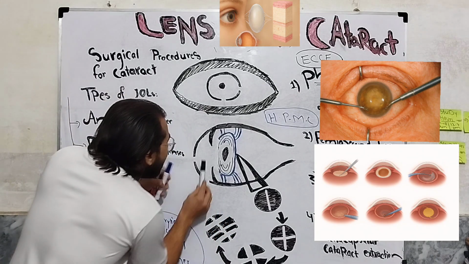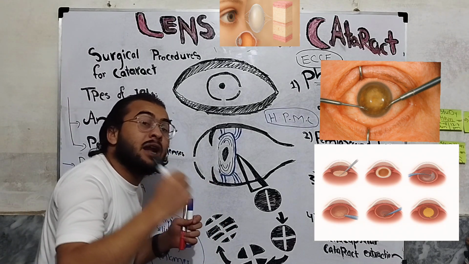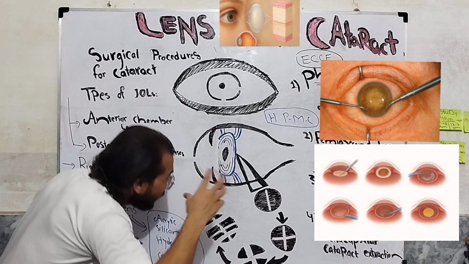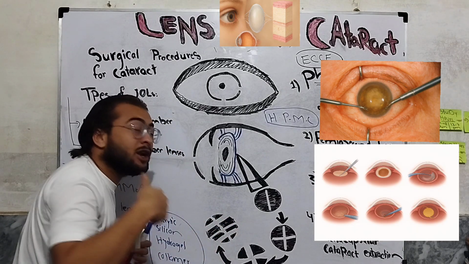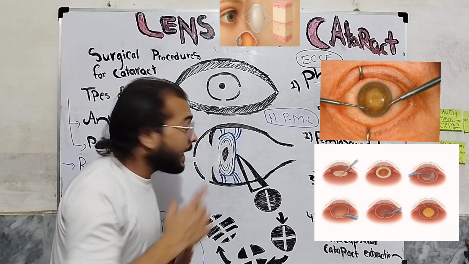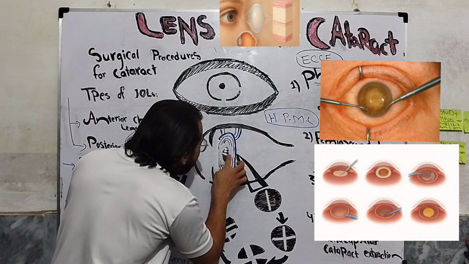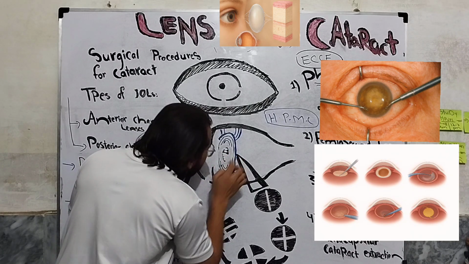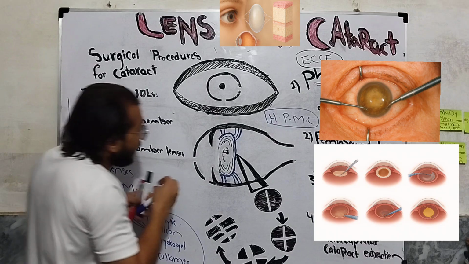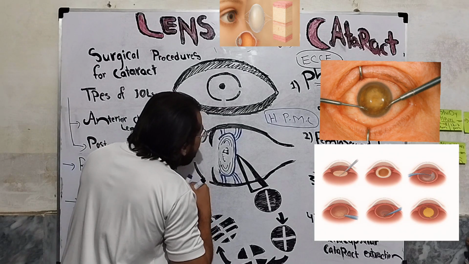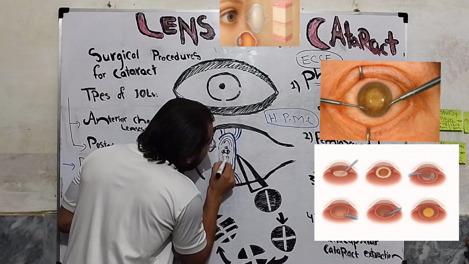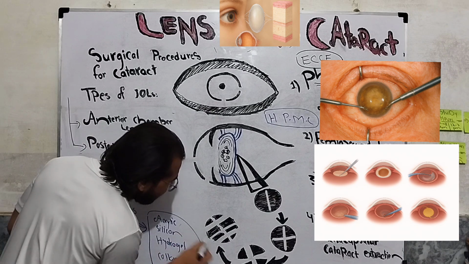Now with the help of ultrasound and chopper, we will further break the lens into smaller pieces, and ultimately we will aspirate these small pieces. Now we have made a lot of small pieces of nucleus, as can be seen.